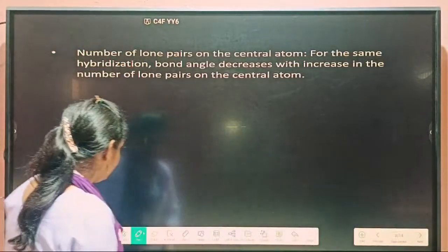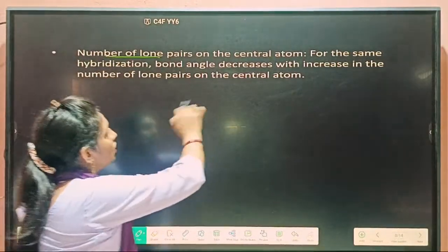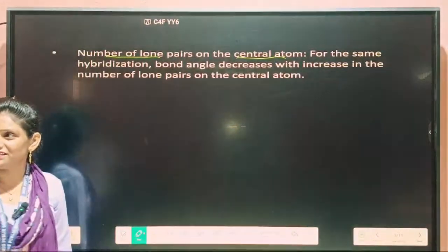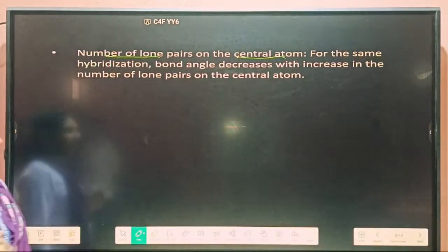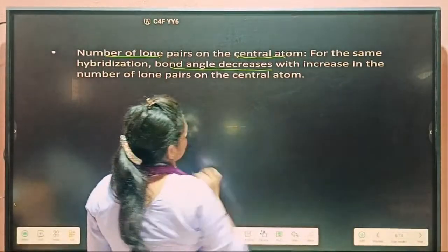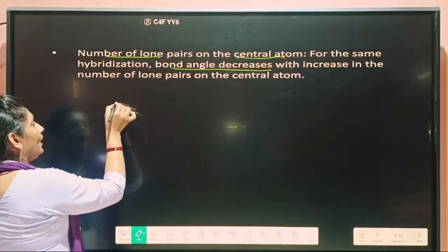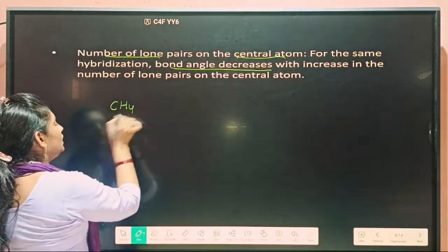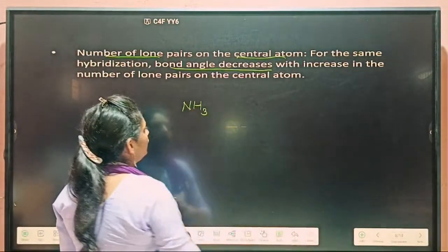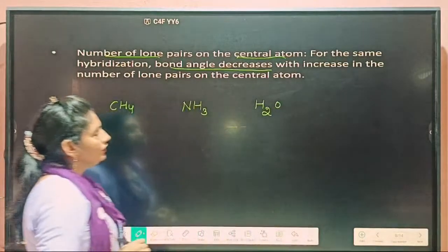Our second factor is the number of lone pairs on the central atom. If the number of lone pairs increases, then bond angle decreases. For example, students, if I talk about CH4, ammonia, and water.